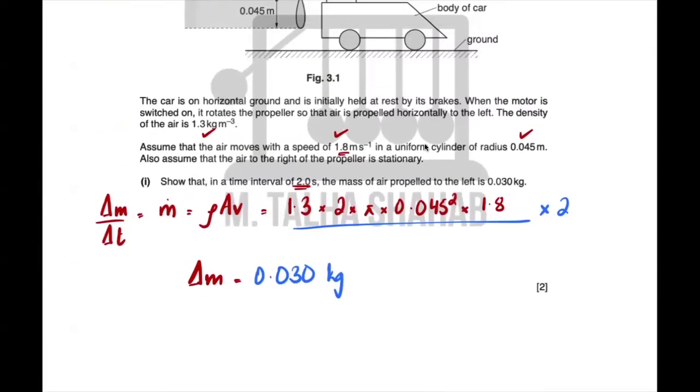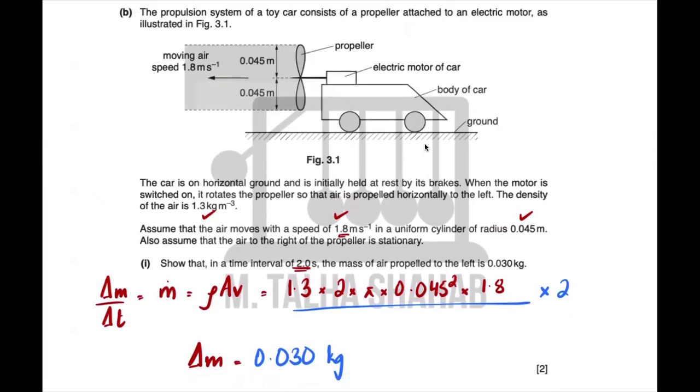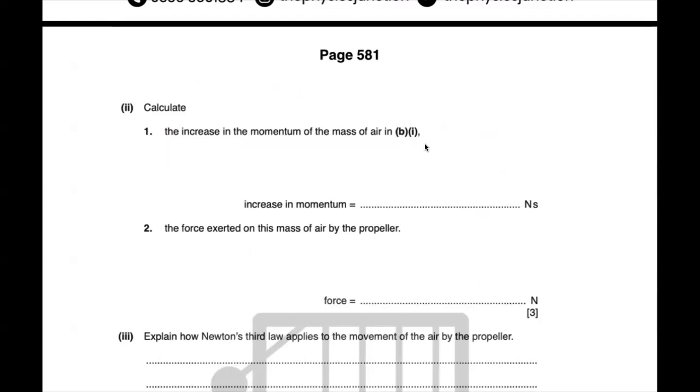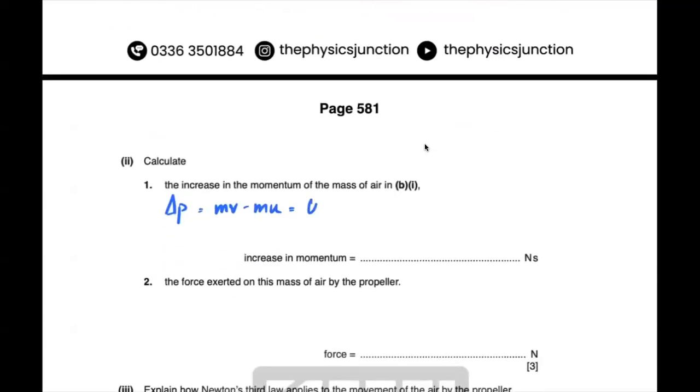So it was initially stationary, right? The air was initially stationary. So the change in momentum corresponding to this mass would be mv minus mu, so it's just mv, which is 0.030 times its final velocity, which is 1.8. So this turns out to be 0.054 newton second.